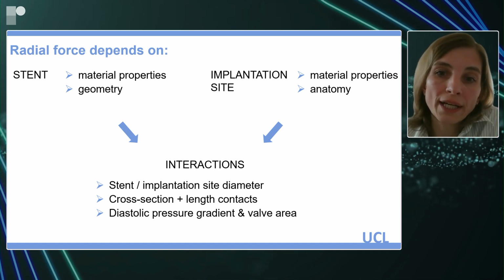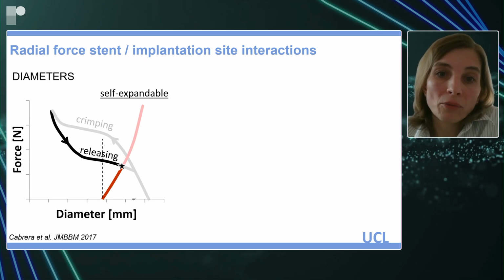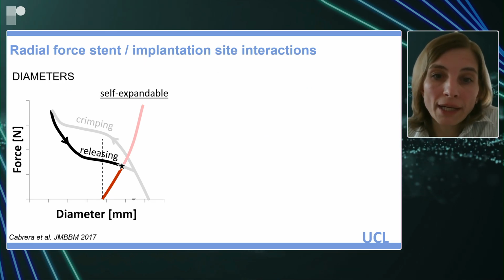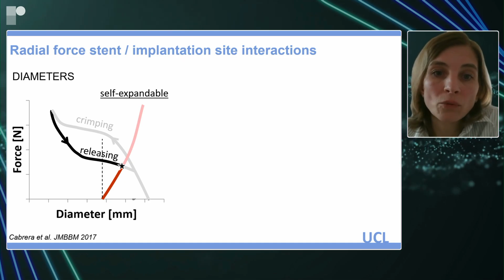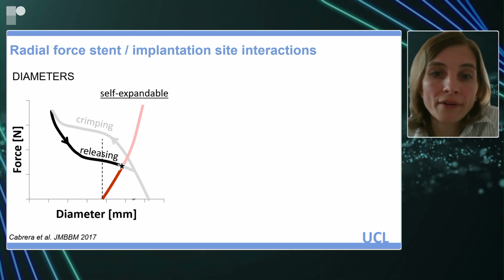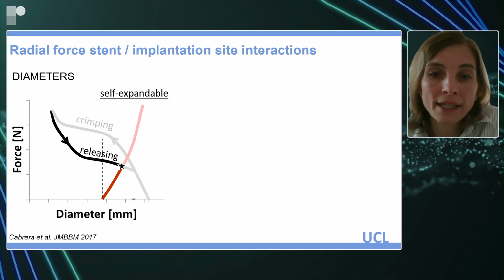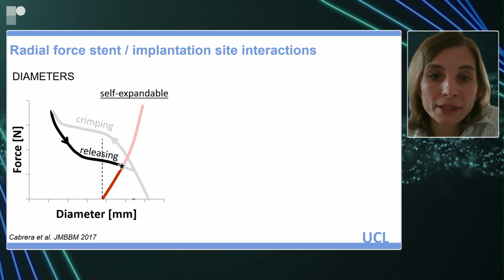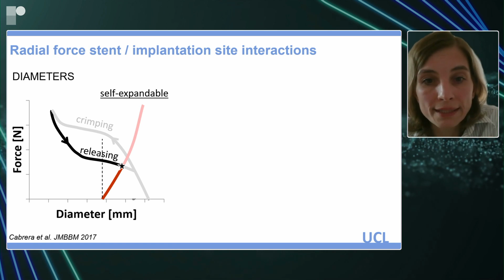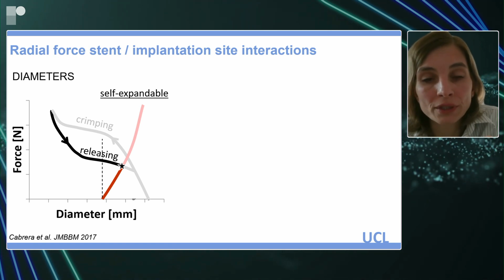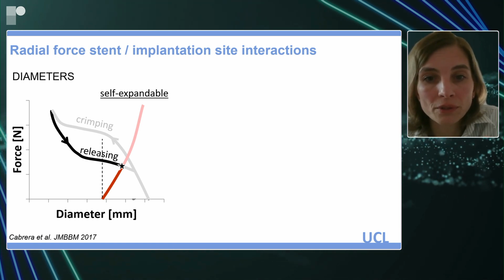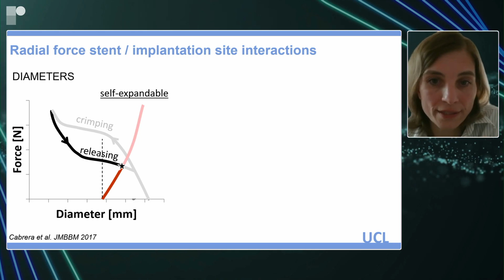And again, how do we do that in terms of engineering? Well, we try and find the right balance. So when the diameter of the self-expandable stent is increasing, we reach the point where we have contact with the artery, and then we want to make sure that we increase slightly more the diameter to avoid dislodgement, while at the same time not too much, to make sure that we avoid injury to the implantation site.